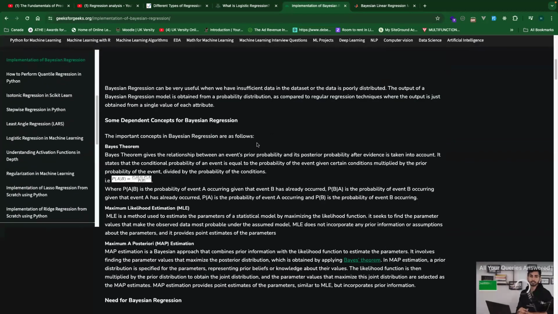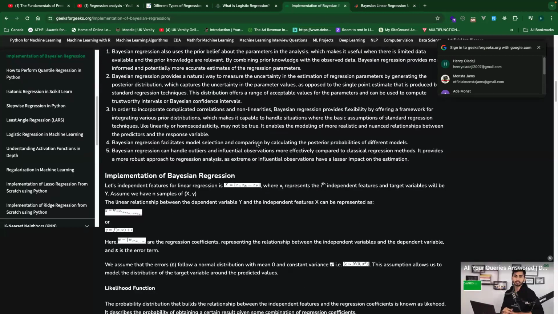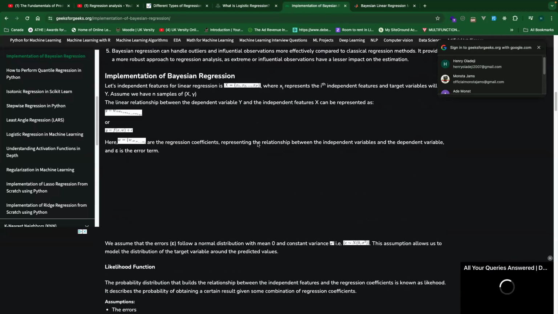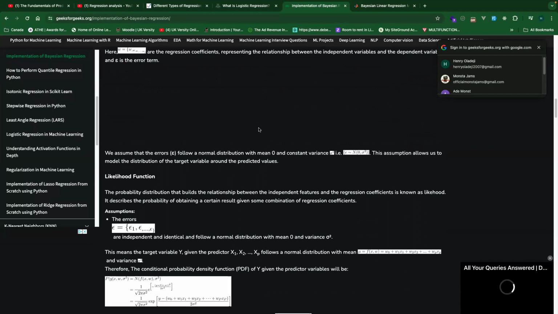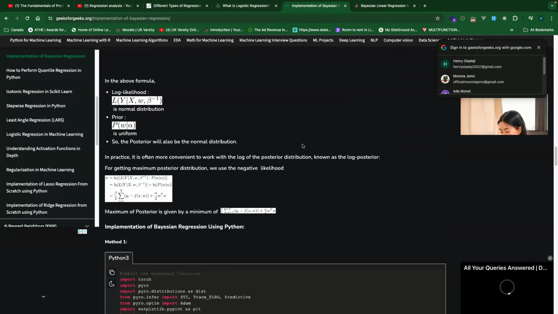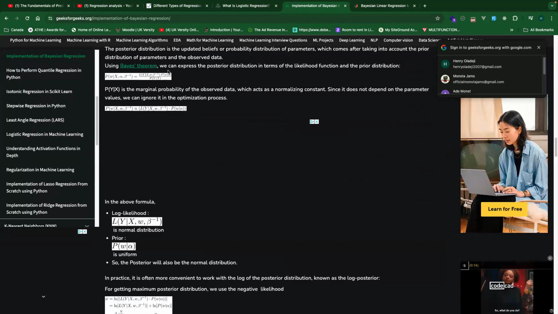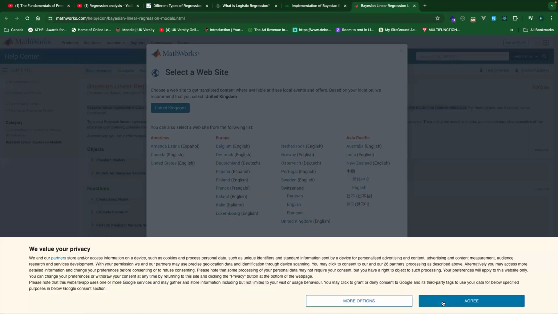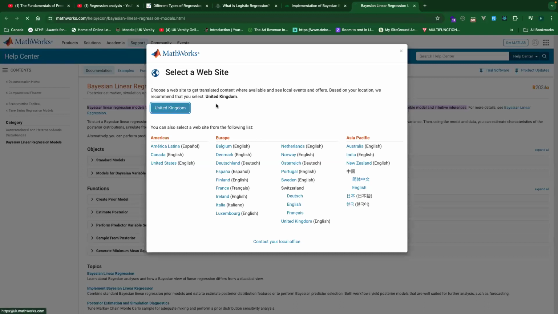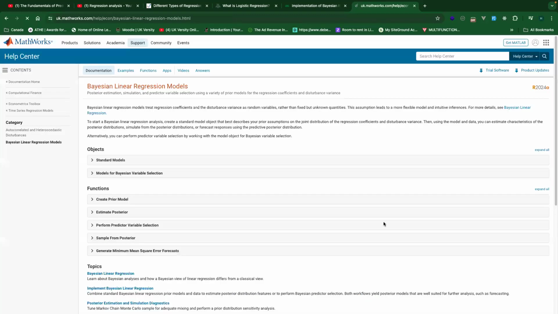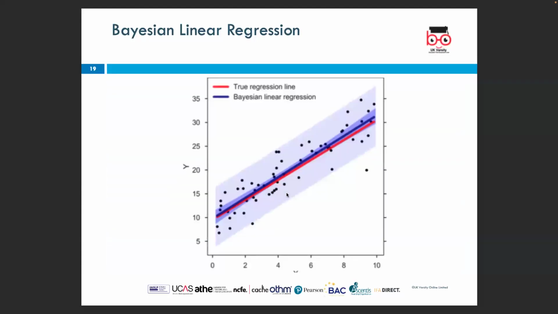It literally explains and gives you a good example of how to implement Bayesian regression, and it also has its theorem that you can use. You can use this website too as a starting place. So we have a chart showing the difference between the true regression line and the Bayesian linear regression, and then the outliers and the data on the chart too.